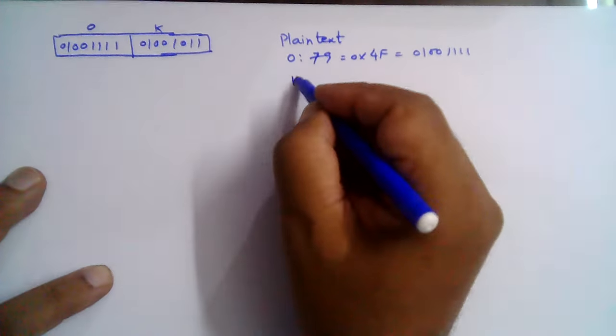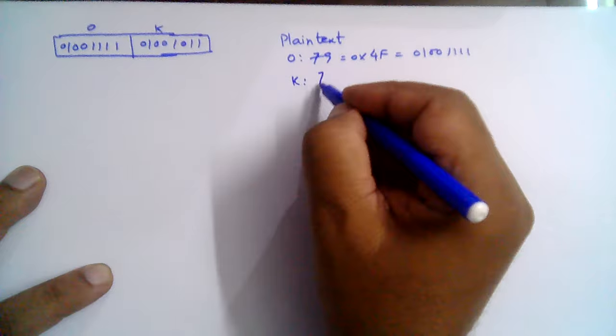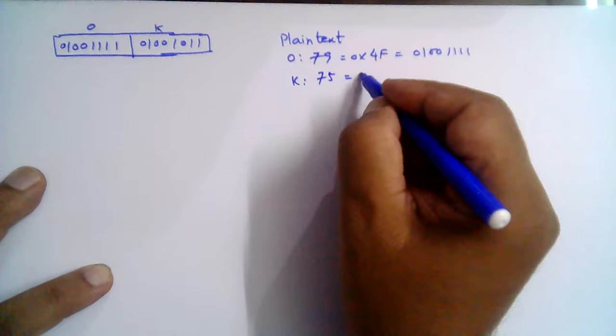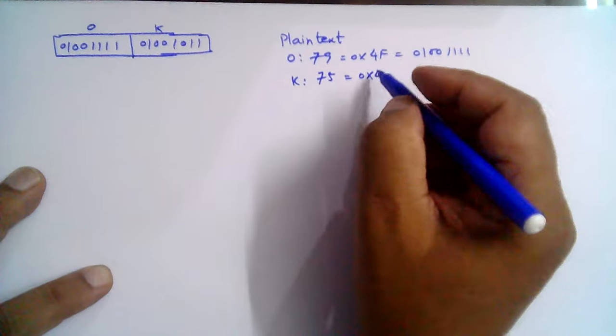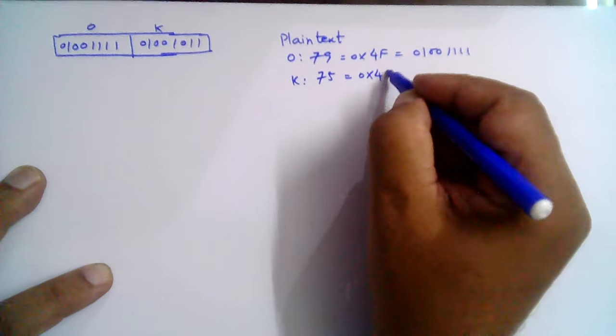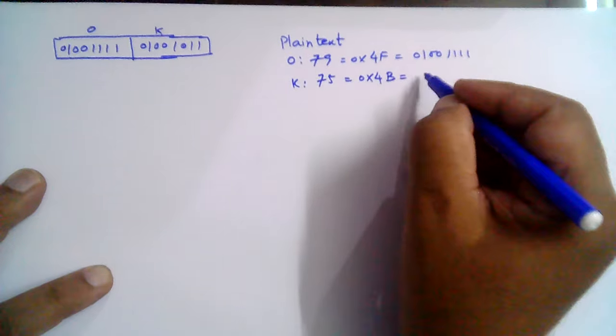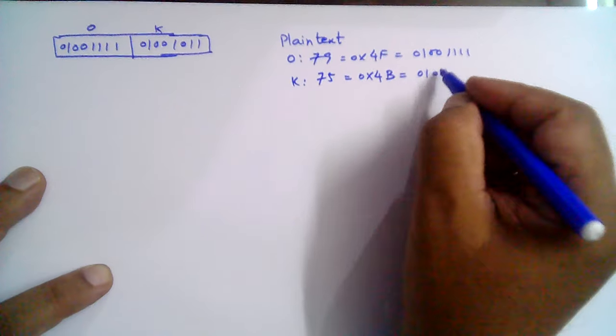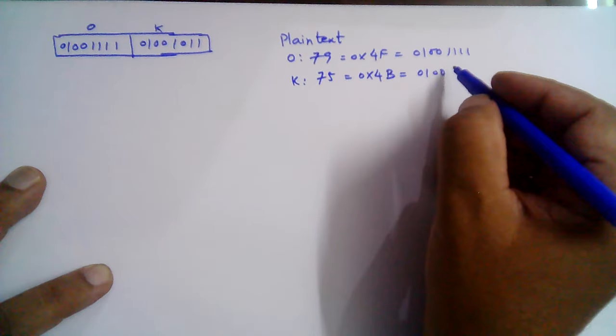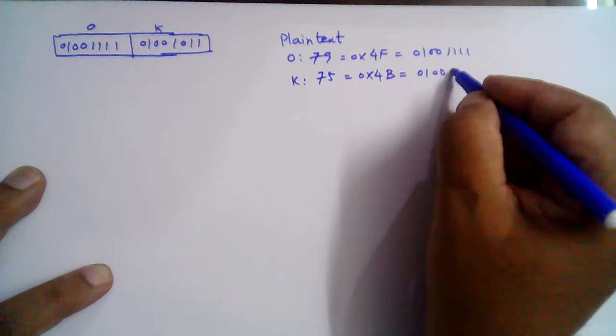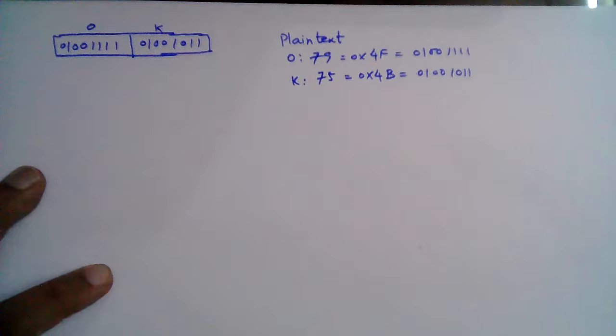So this is in binary, and similarly for K the ASCII code is 75 decimal, which is 4B hexadecimal, and this is equal to 4 is 0100, and B is 1011. So this is the plain text.